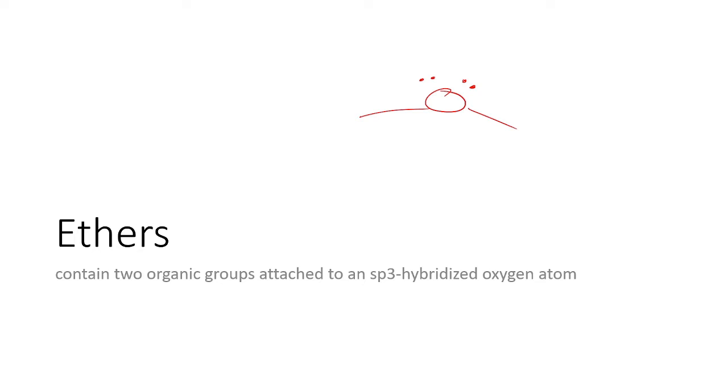As you may remember, each of these sites will be sp3 hybridized, so is this lone pair, and this bond. So we have four sp3 orbitals, and that is our sp3 hybridized oxygen.